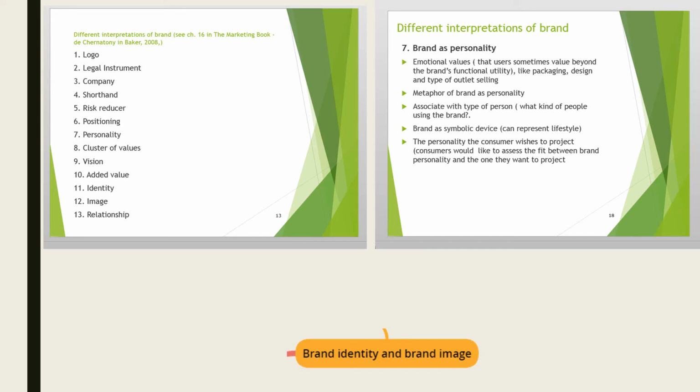It's going to be someone tech savvy. It might be an early adopter or an innovator when we're looking at the diffusion curve and different stages of consumer adoption, symbolic device, lifestyle, all those sorts of things. So that's an important one for your integrated marketing comms, because that's the sort of reaction you want from your communication strategy.